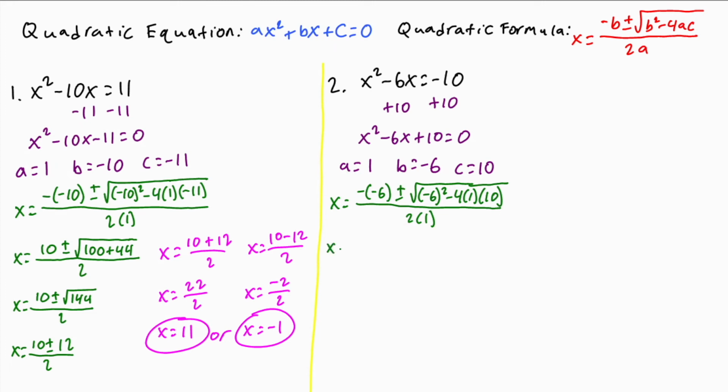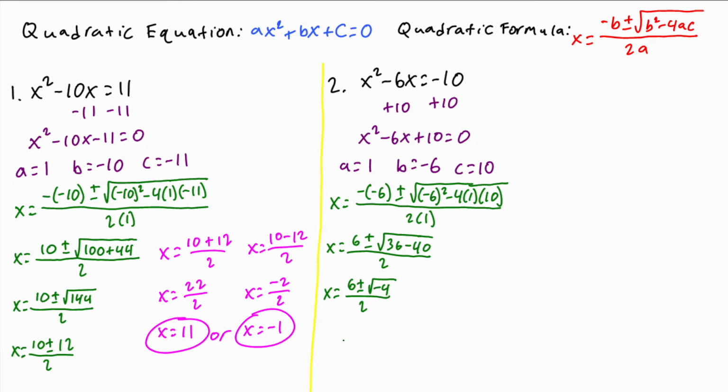So x equals 6 plus or minus the square root of 36 minus 40 all over 2. And so x equals 6 plus or minus the square root of negative 4 over 2.